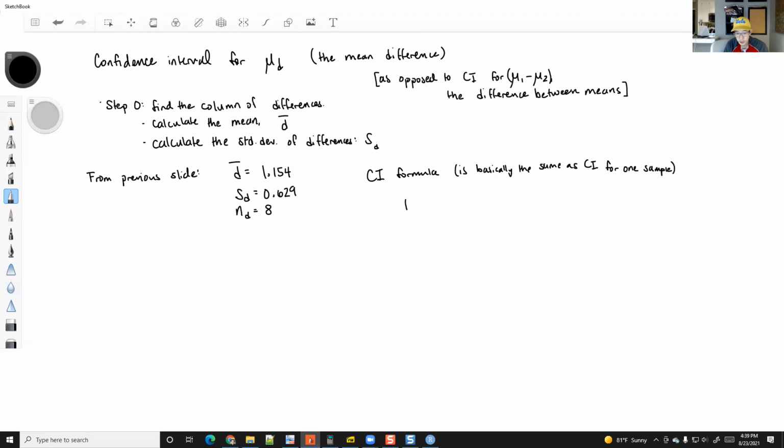We're going to put the mean D bar in the center, plus or minus the critical value T multiplied by the standard deviation of the differences divided by the square root of n of those differences. The critical value comes from the T table, with degrees of freedom equal to n minus 1, the number of differences minus 1.